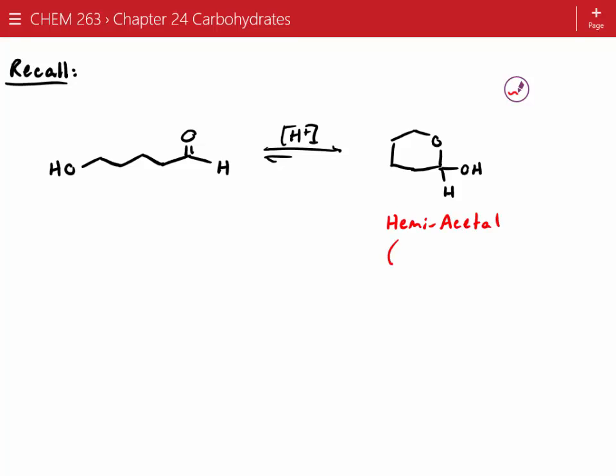If this does seem pretty foreign to you, I would recommend going back to problem of the day number 6. We've actually done the full mechanism for these already.